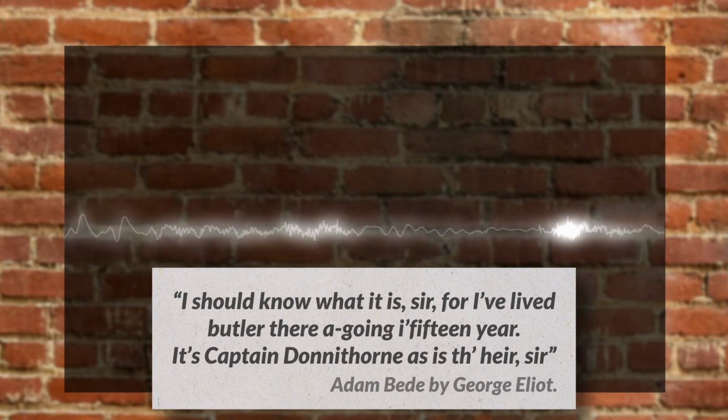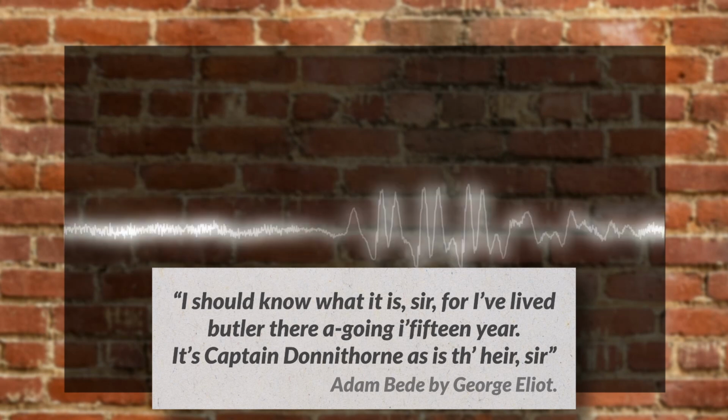It's also used to imitate speech, because when we speak normally or fast, we tend to gobble up some letters. We tend to forget saying some letters. An example from Adam Bede by George Eliot: "I should know what it is, sir, for I have lived butler, very going, at 15 year.